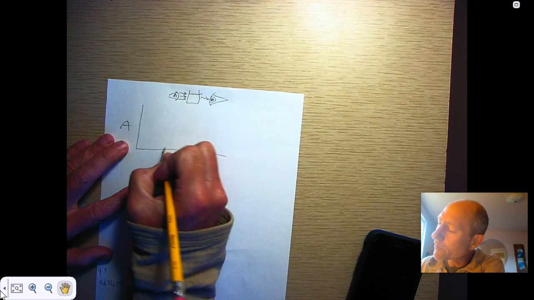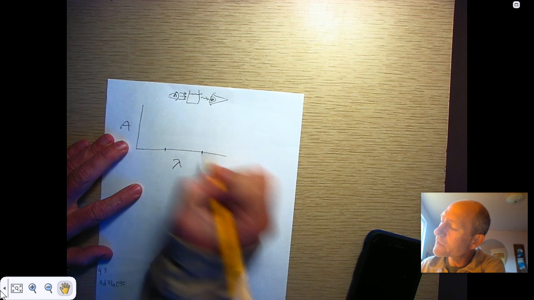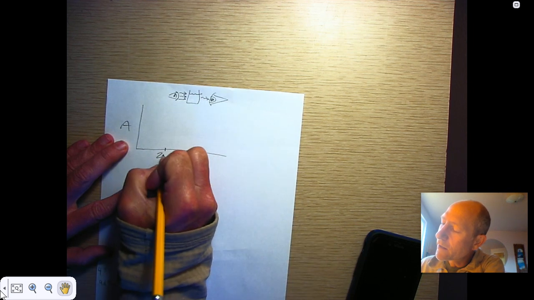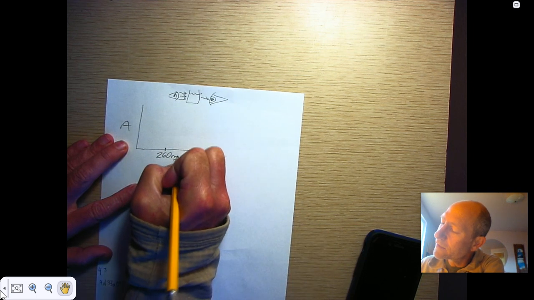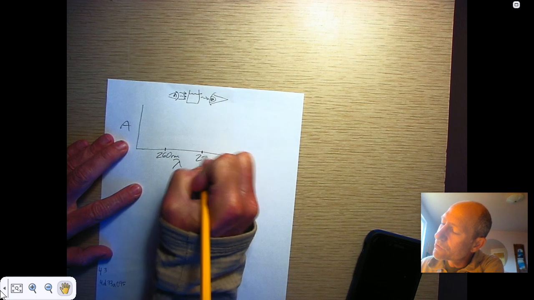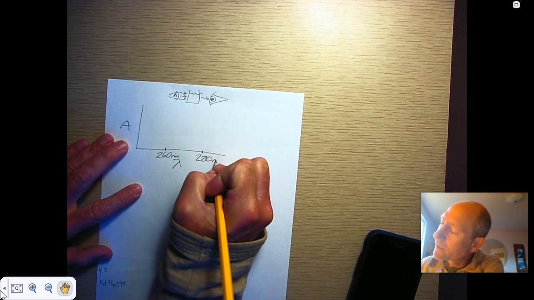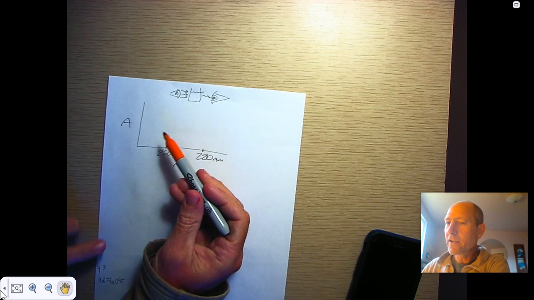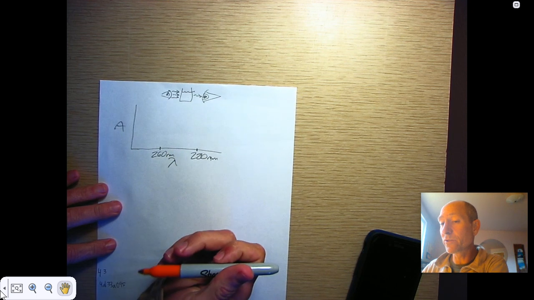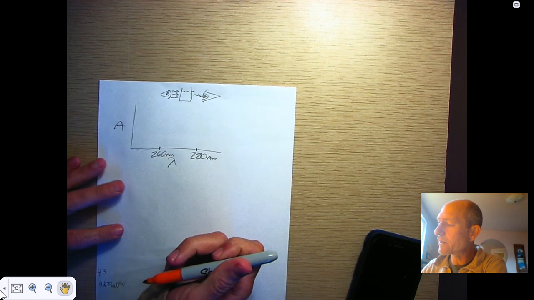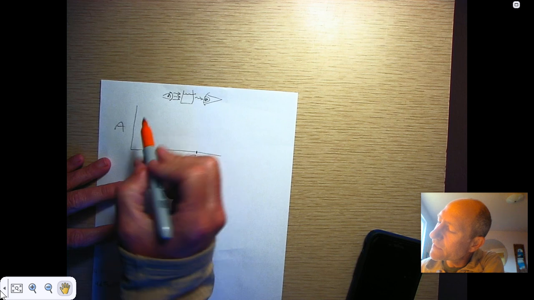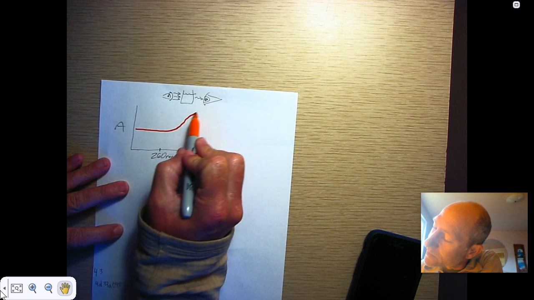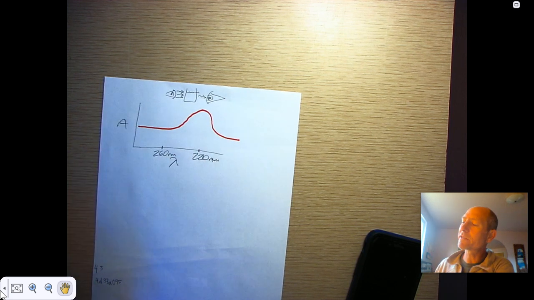So two important wavelengths for testing the purity of DNA are 260 nanometers and 280 nanometers. And let's use this orange marker right here to say that we were going to put some protein in there. If we put some protein in there, we'd see a big spike of absorbance at 280 nanometers.